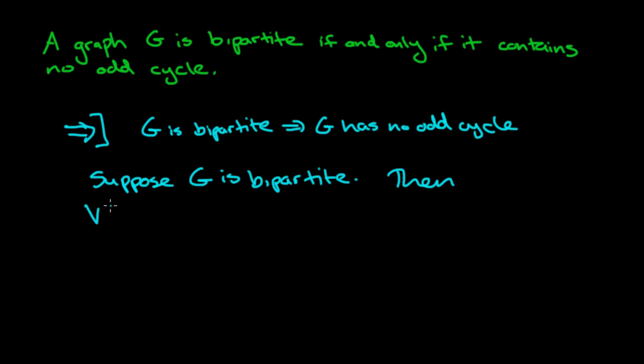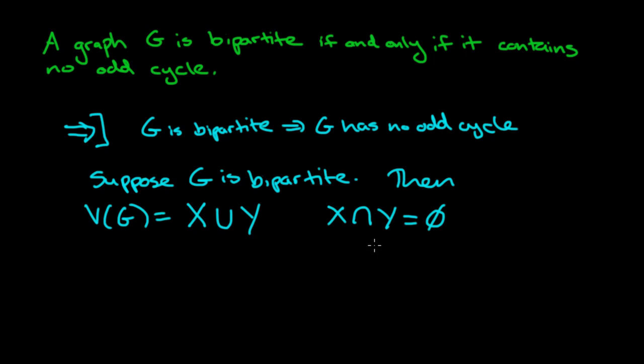It means that the vertex set of G can be written in two partitions. So basically, the entire vertex set is either in X or in Y, and they do not overlap. This just means that no vertex of X is also a vertex of Y. Their intersection is empty.